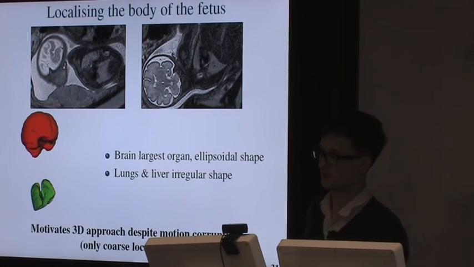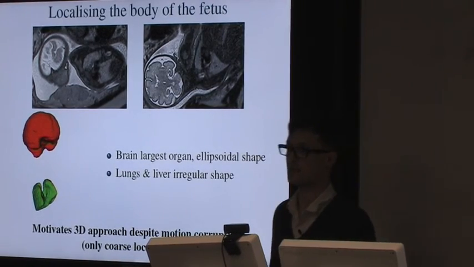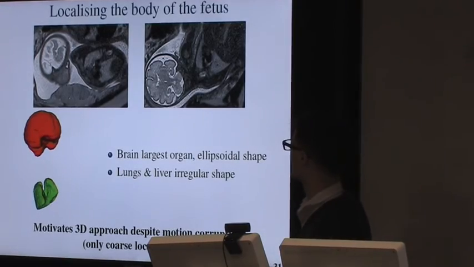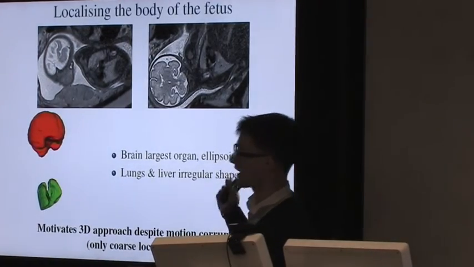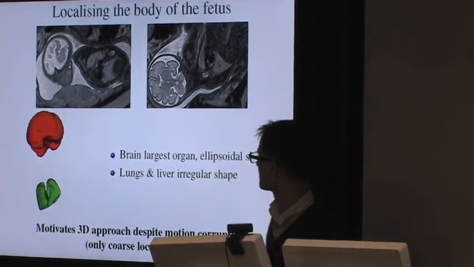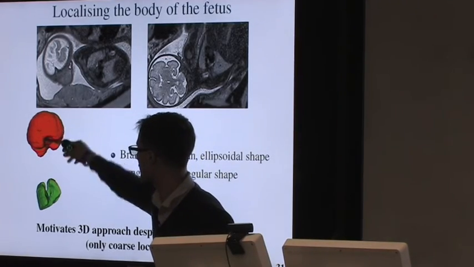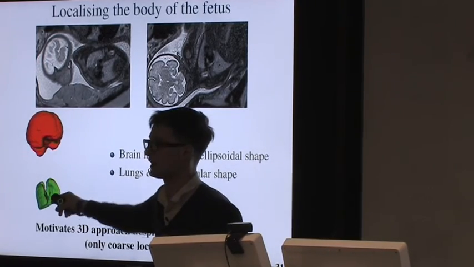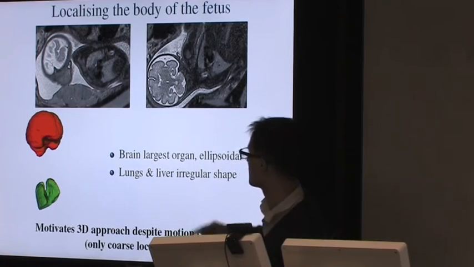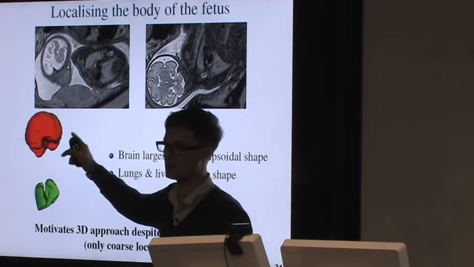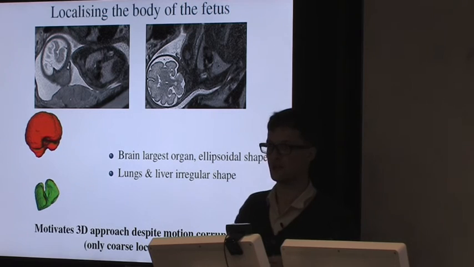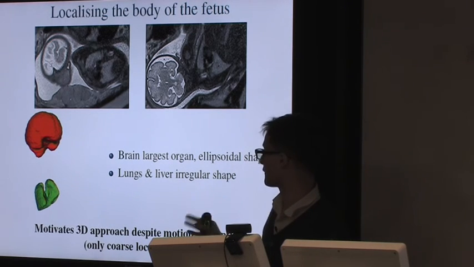It doesn't work because the intensity patterns are different, but also because the shape and the size are different. So here, that's the brain and the lungs, and you can see the size difference. And you can also see that the brain is roughly an ellipsoid, but the lungs have a very irregular shape.